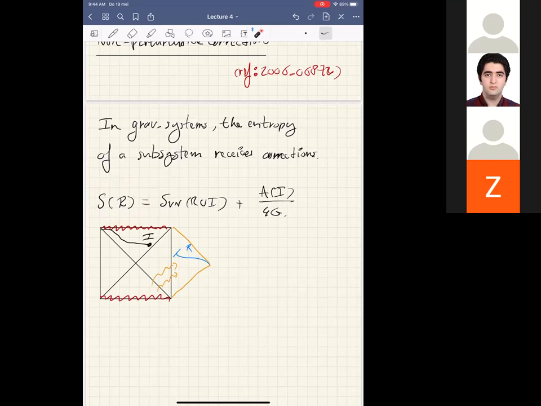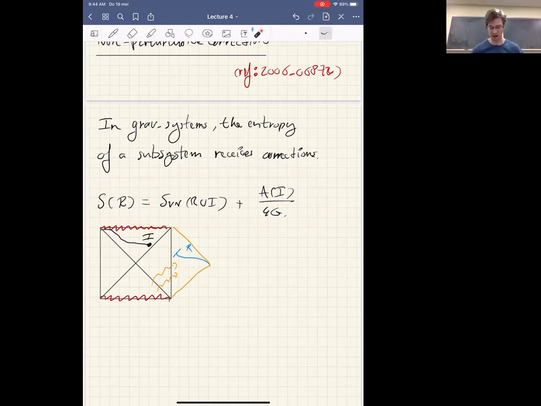Okay, so why do I say that this is a non-perturbative effect? Well, the way this formula has been derived is a bit complicated, and I will not spend too much time on that. To give you a little bit of intuition: in order to compute this entropy, we needed to specify this density matrix.